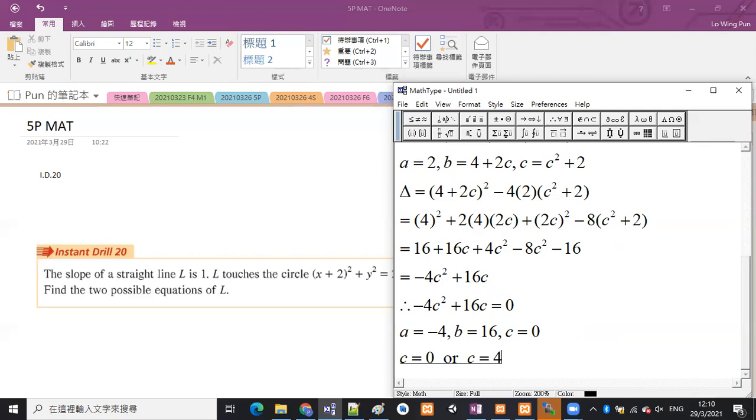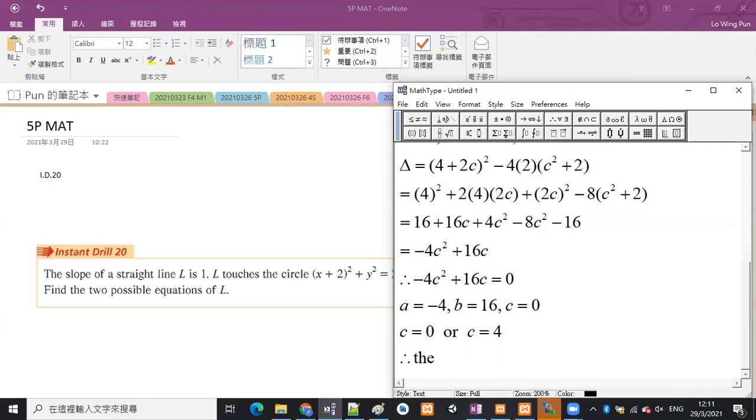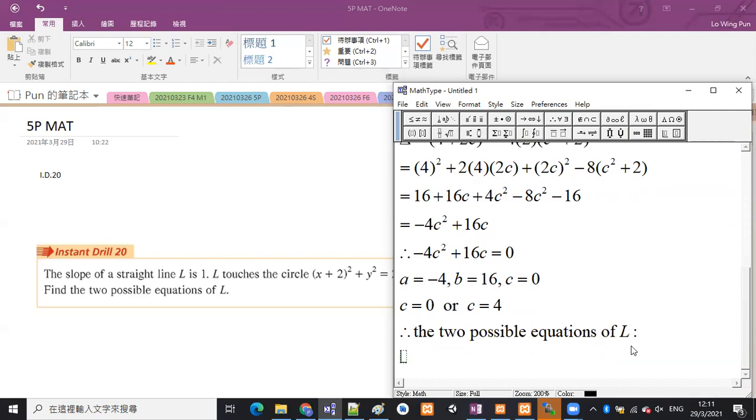The question asks us to find the two possible equations of L. Our original equation of L is y equals 1x plus c. So now we have found two possibilities of c, and we can write down the final answers. Therefore, the two possible equations of L: one is y equals 1x plus 0, but when you write plus 0, you can ignore it. Do you understand?